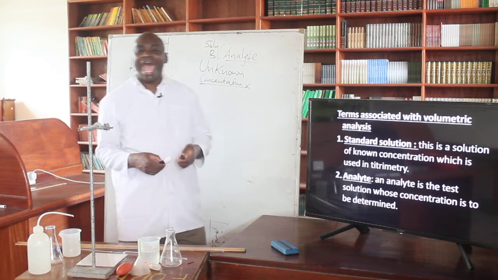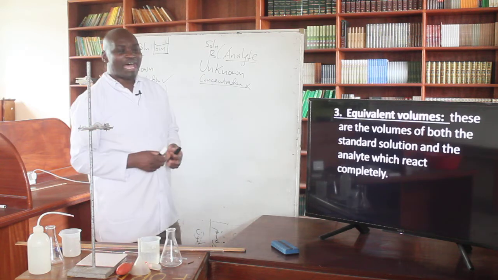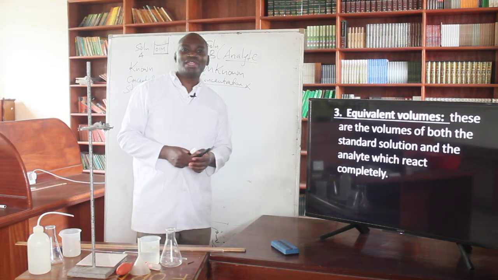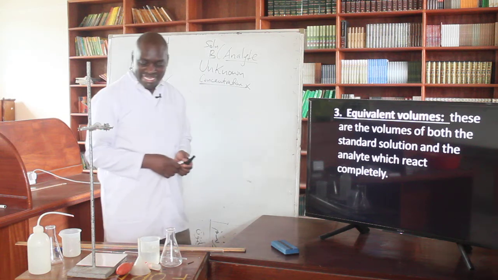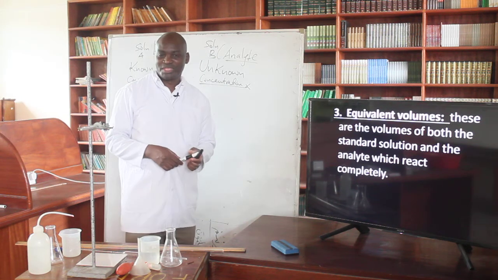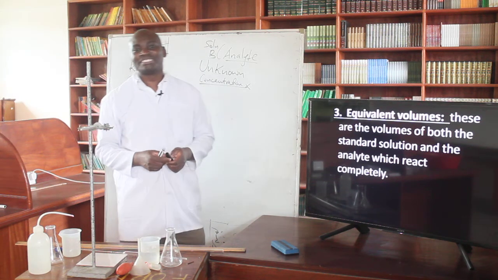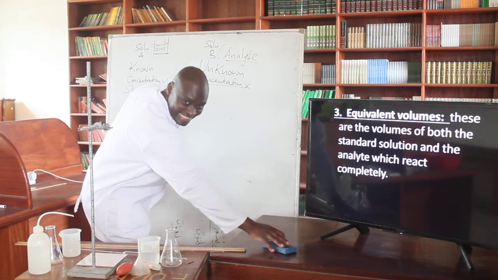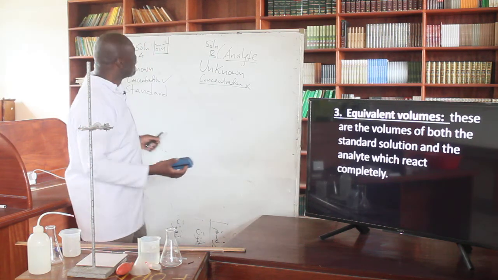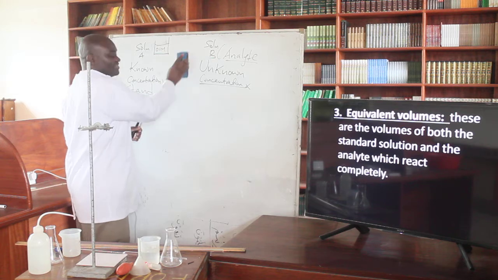That is the analyte. Now, number 3, we have what is called equivalent volumes. These are the volumes of both the standard and the analyte which react completely. I want to give you an example.